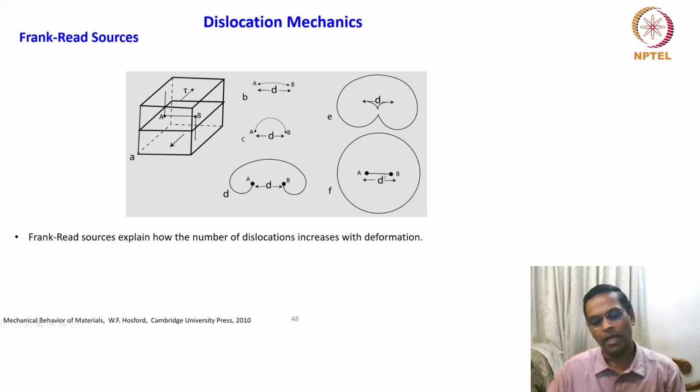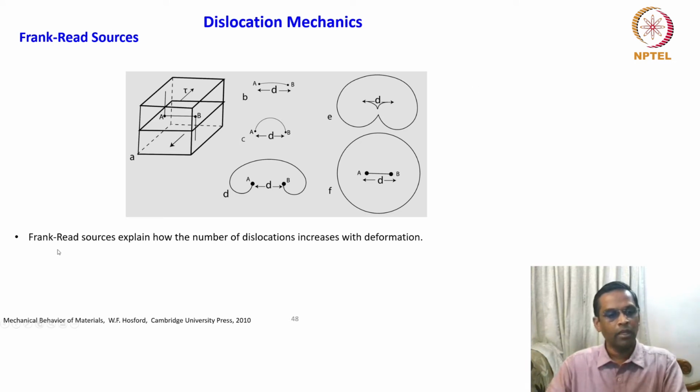This kind of mechanism will leave loop after loop as the deformation proceeds, or as the crystal experiences shear stress continuously. This kind of dislocation source will generate many more dislocations inside the crystal, in spite of a lot of dislocations running out of the crystal lattice during cold deformation. That is how we have to understand it.